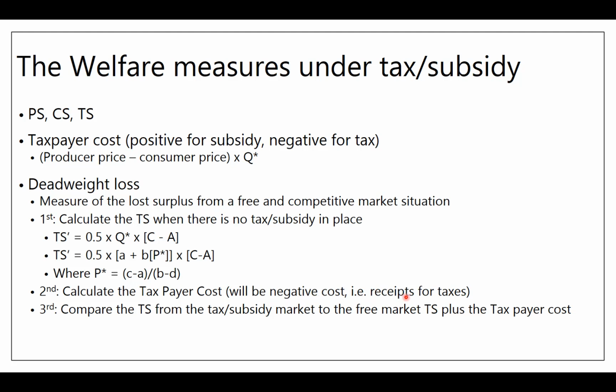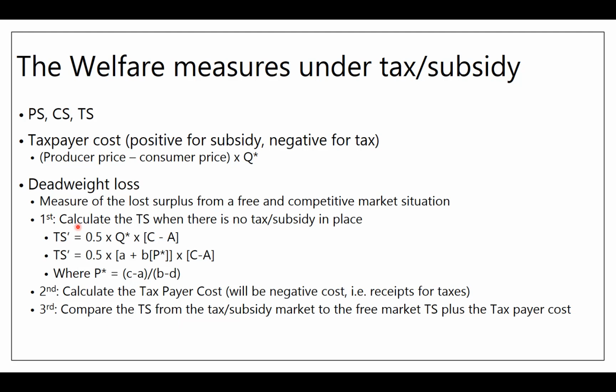And then third, let's compare the total surplus from the market when there is a tax and subsidy compared to a free market, the free market total surplus with the taxpayer cost added. Okay, so think about this. The third step here says calculate the actual total surplus in the market as it exists with taxes and subsidies.